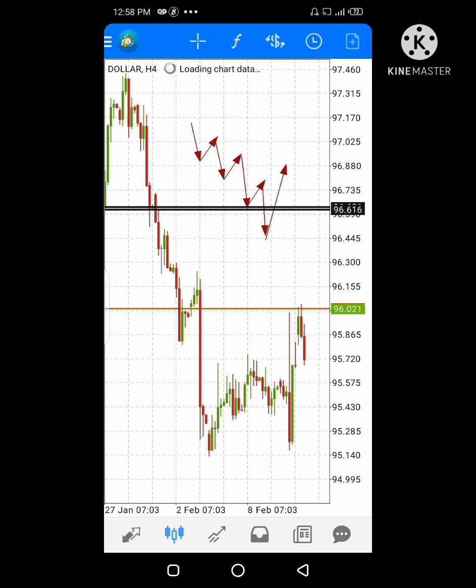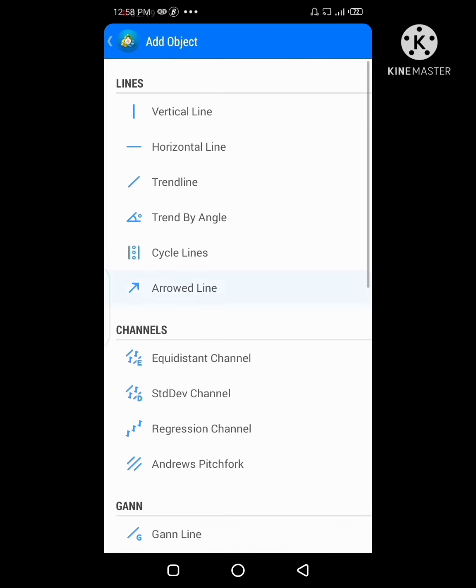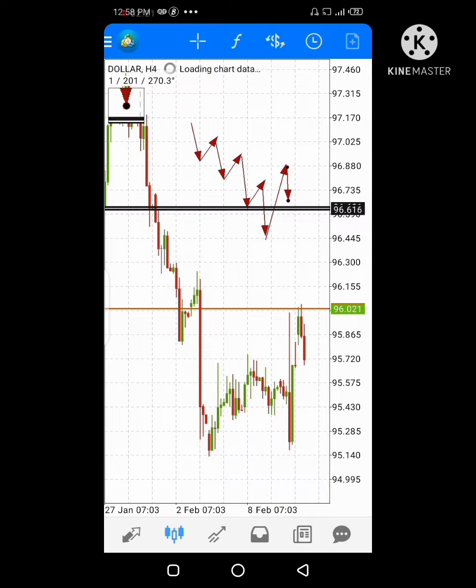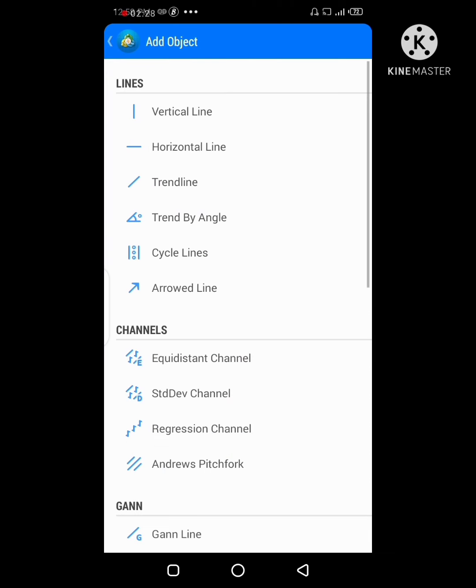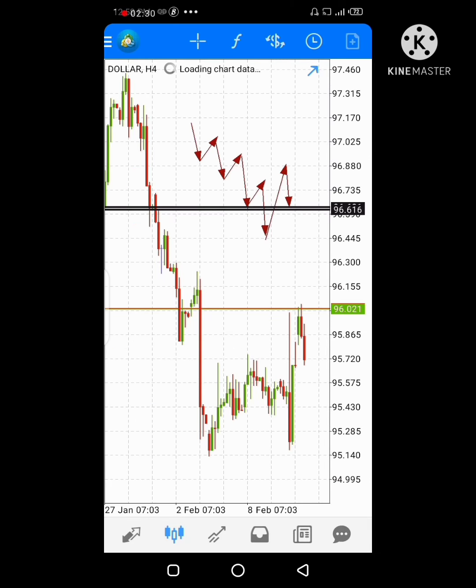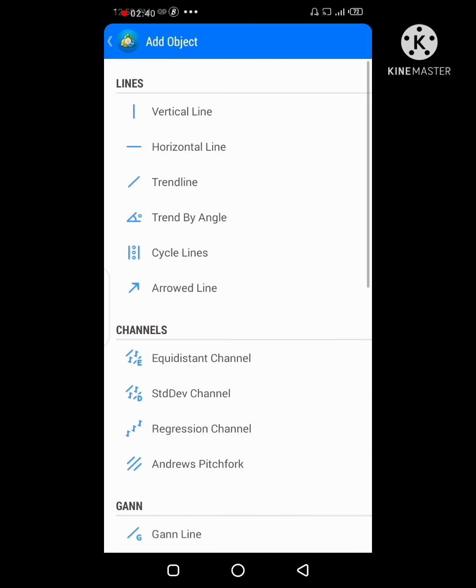So price retraces down, tests this shoulder, then we're going to place our buy, and our expected take profit will be here at this zone.